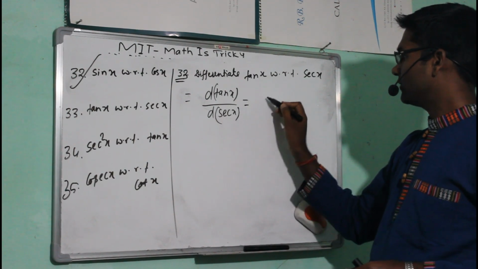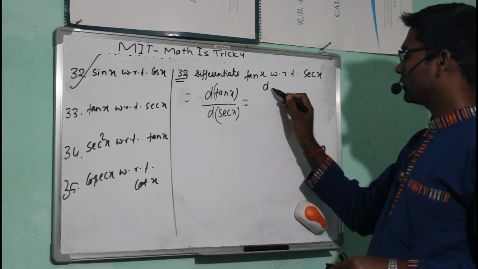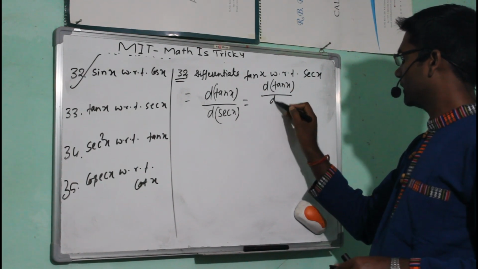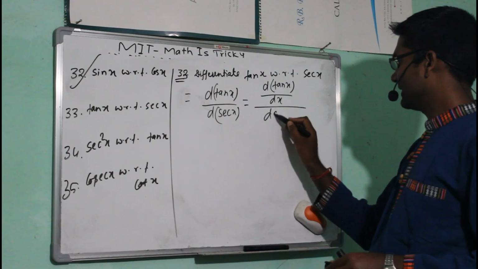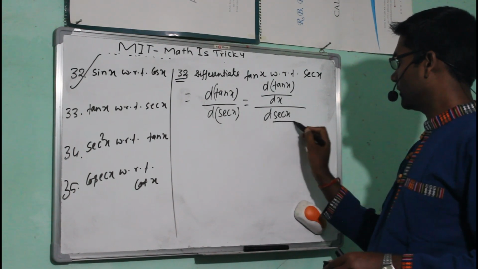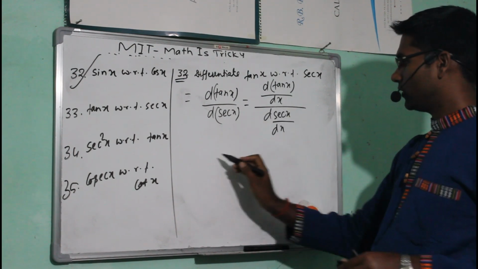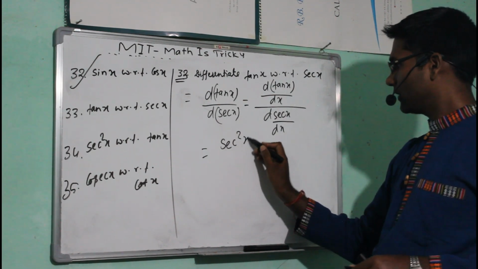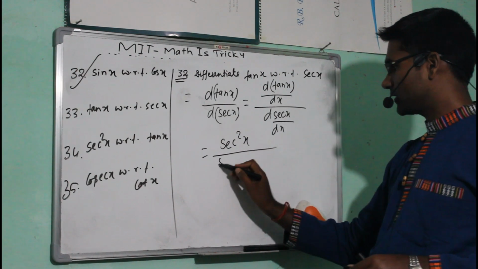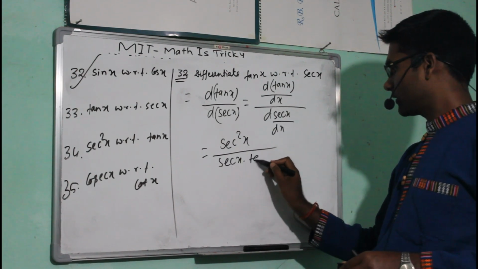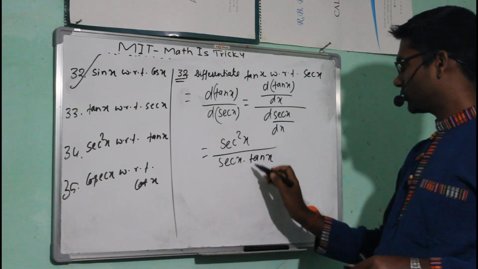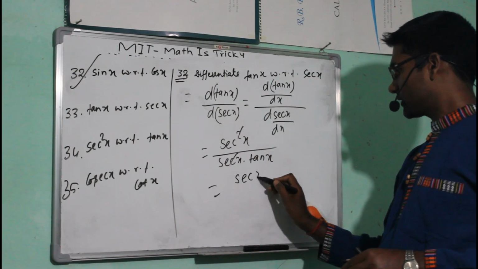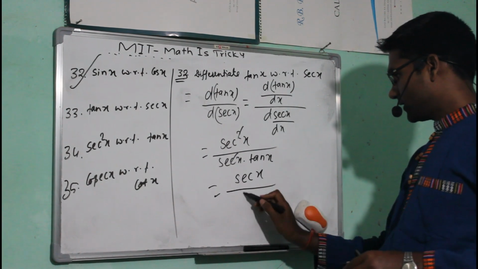So let's divide both numerator and denominator by dx, d tan x by dx divided by d sec x by dx. Now derivative of tan x is sec square x, derivative of sec x is sec x tan x, so we can cancel, so simply sec x by sin x by cos x.